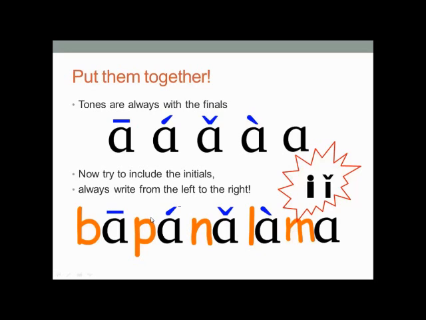And the second one, you try it. The initial is p, and then the final is a, second tone, so it's pa. The third one, the initial is n, and the final is a, so here we will say na.